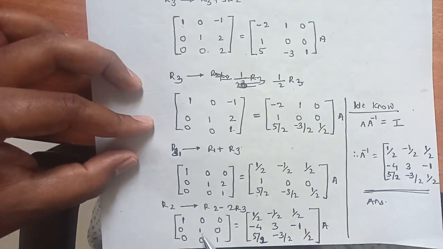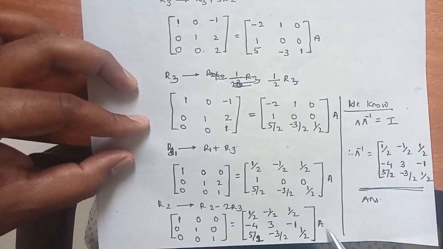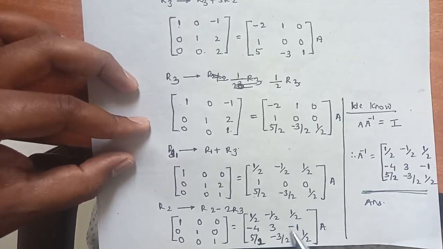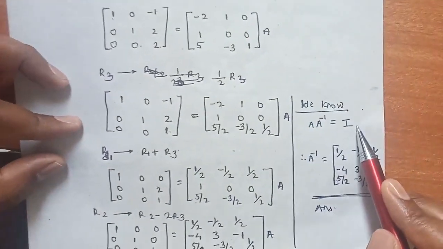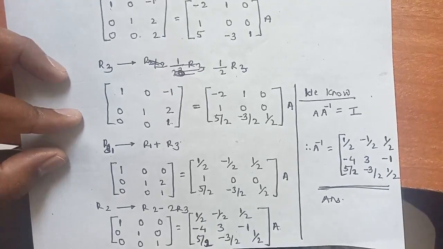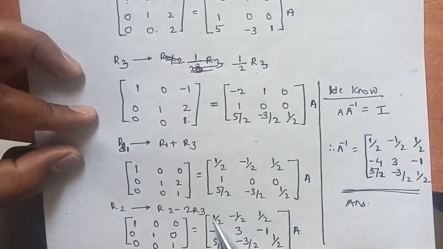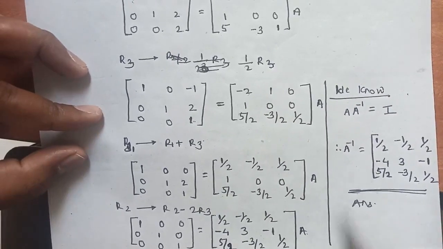So after getting the unit matrix on the left hand side, whatever matrix you are getting with it will be your inverse matrix. So this is nothing but your answer, because A into A inverse is equal to I. So this is I, this is A, so this should definitely be A inverse. So A inverse is equal to this matrix. So in such a way, we can find the inverse of a matrix by using the elementary transformation.